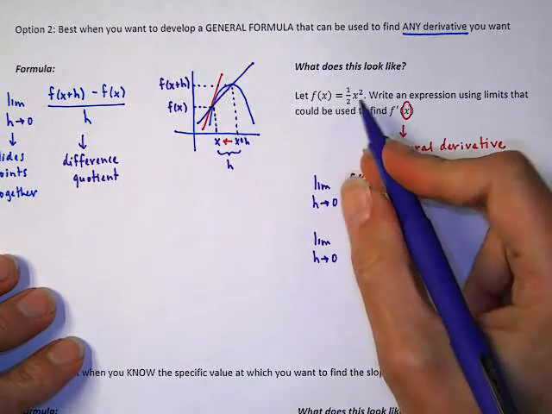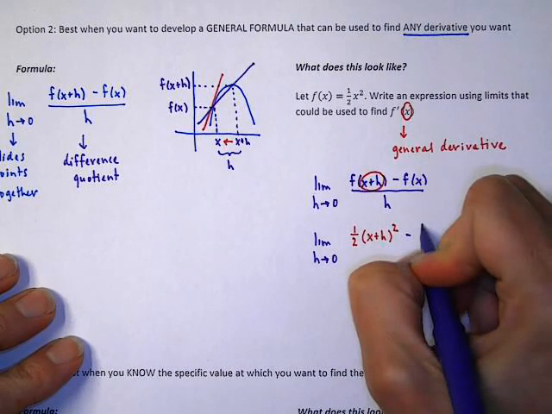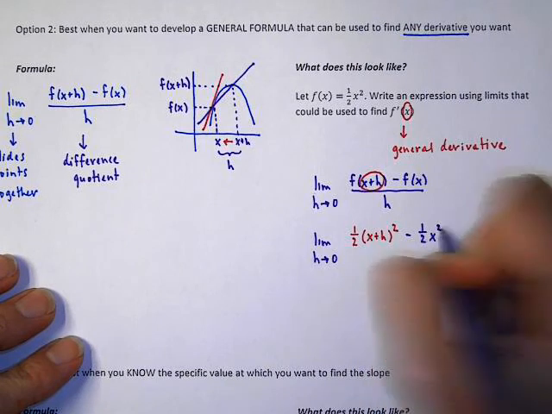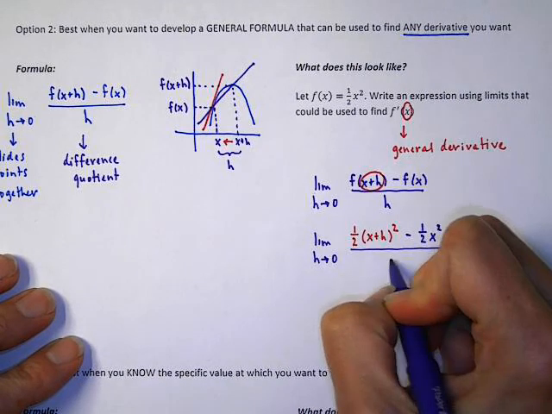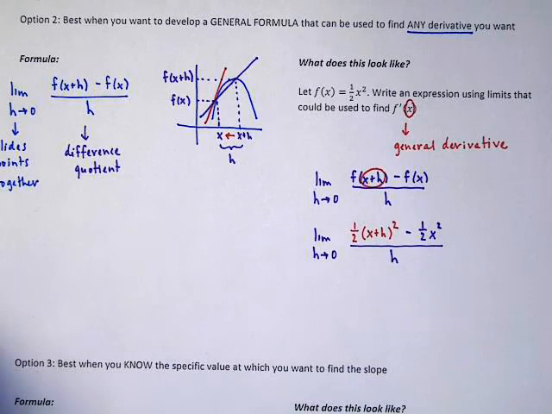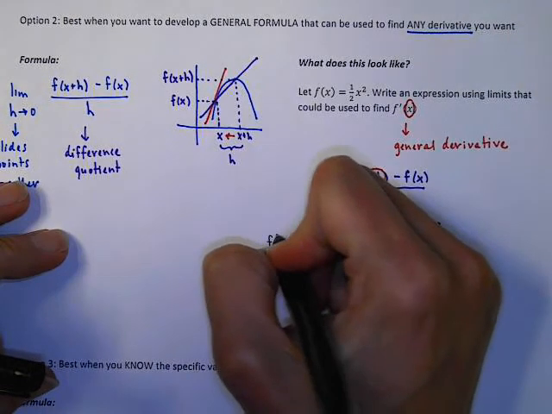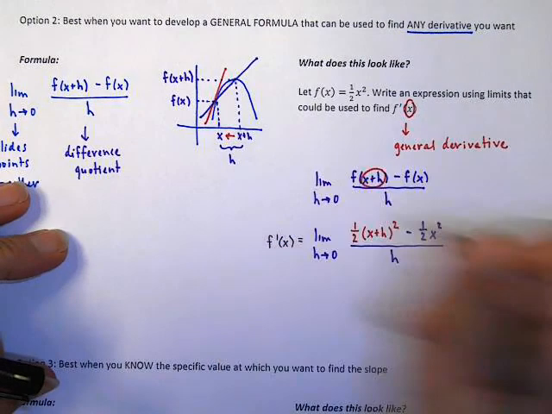Now I'm going to subtract my function f of x, so minus 1/2 x squared, and then this is all over h. That expression would give me, if we were to evaluate that, a general derivative.